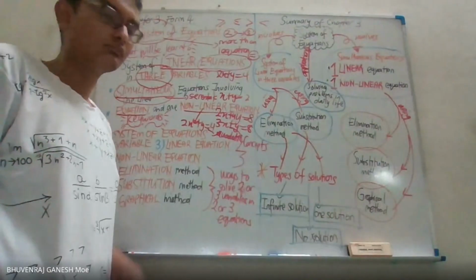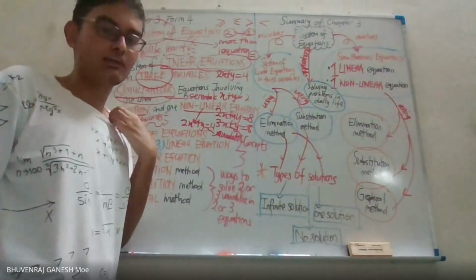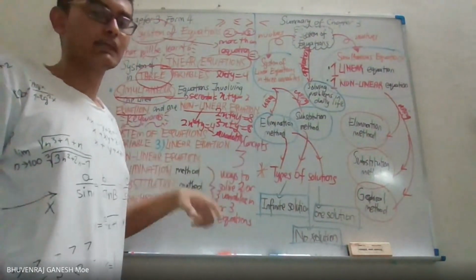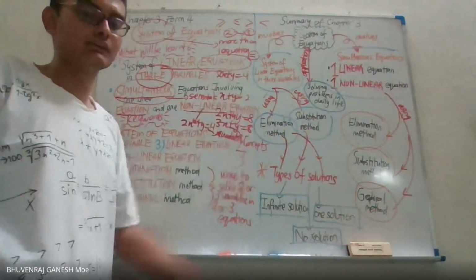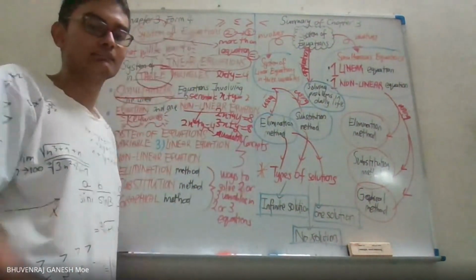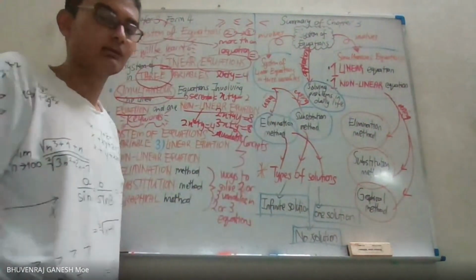A straight line doesn't have squares of x or y. If there's a square, it will make the graph a different shape. Like x squared plus y, you make the graph a curve, right? Yeah, correct. Because the values will either increase or decrease exponentially. Square means you're doubling up the value. If only x, there's a constant pattern. That's why you get one straight line. That's why the other one is a curve, meaning you decrease rapidly or increase rapidly.